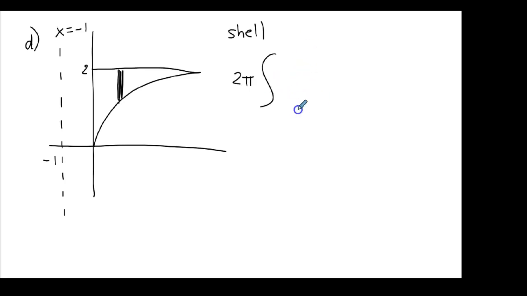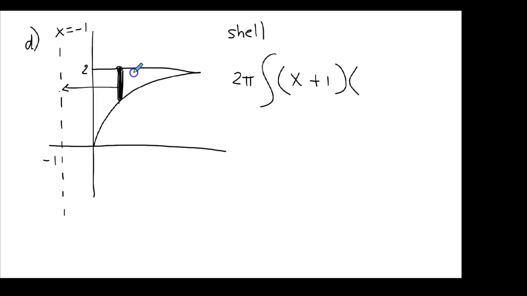So for shells, you have 2 pi, and then you have the average radius of a cylindrical shell, which is the distance from a typical rectangle to the line you're revolving about. Right minus left. What would that be? x minus -1, or x plus 1.